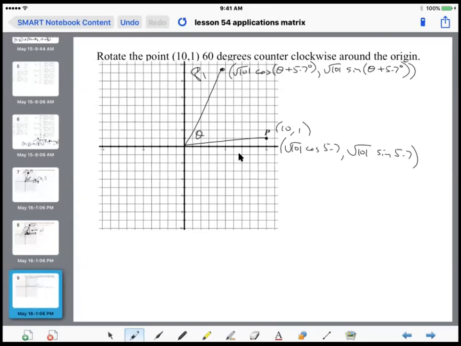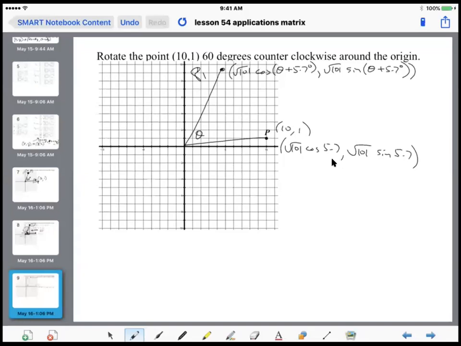What I've done here is the big, difficult part of today's lesson. I've taken the (10, 1) point, and I've written it as (square root of 101 cosine 5.7, square root of 101 sine 5.7). Now, I know I was telling you could do this without a calculator. Well, you will be able to, but just for instructional purposes, it could always be written as something like this, whether we know what those two numbers are or not.